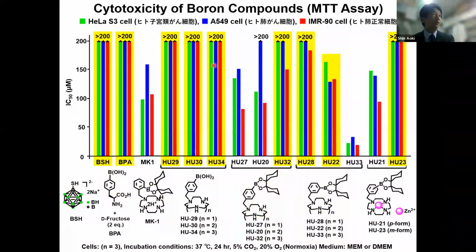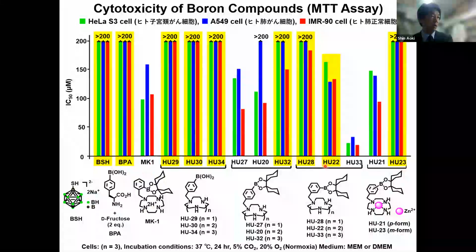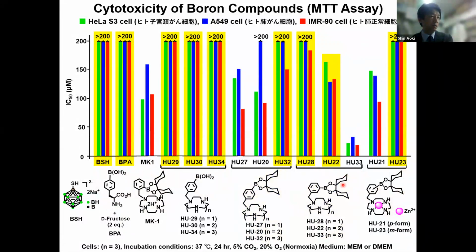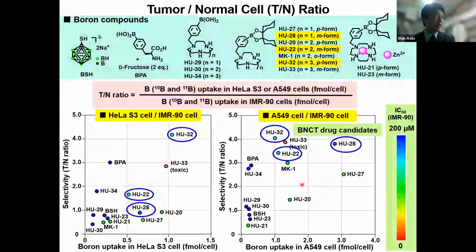At the same time, cytotoxicity of the boron compounds was measured, and this is the activity value of these compounds, and it was found that these compounds are normally less toxic than MK1 and some other compounds, suggesting that these compounds are safe. This graph shows the boron uptake.